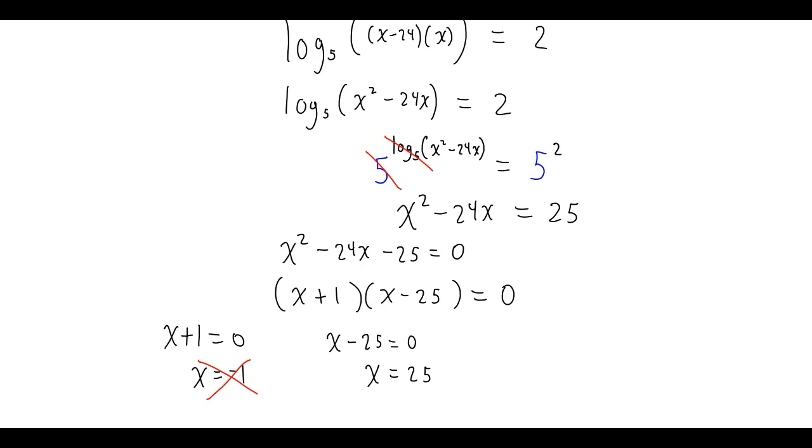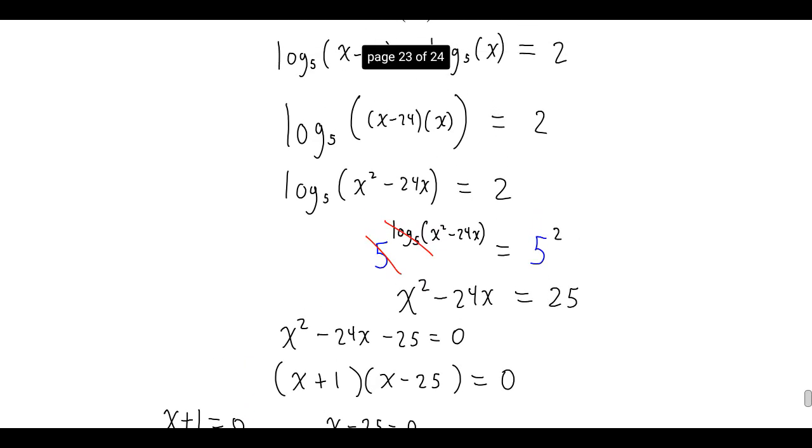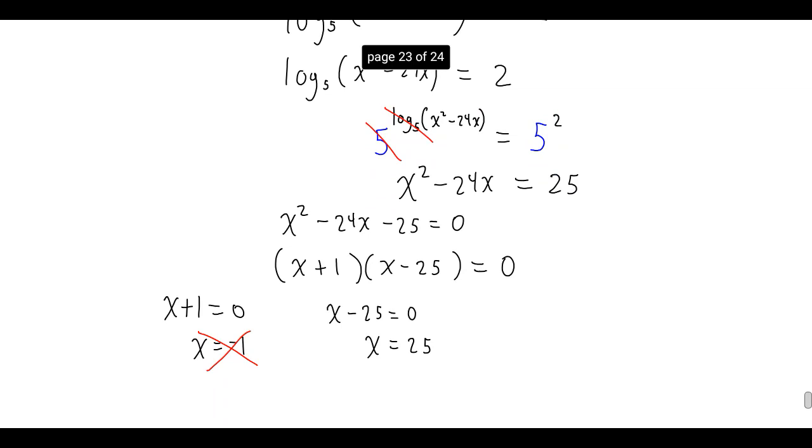Let's check 25. If I plug in 25, 25 minus 24 is going to be a positive number. Plugging in 25 right here is definitely a positive number, so 25 is fine. So 25 is my only solution for this logarithmic equation.